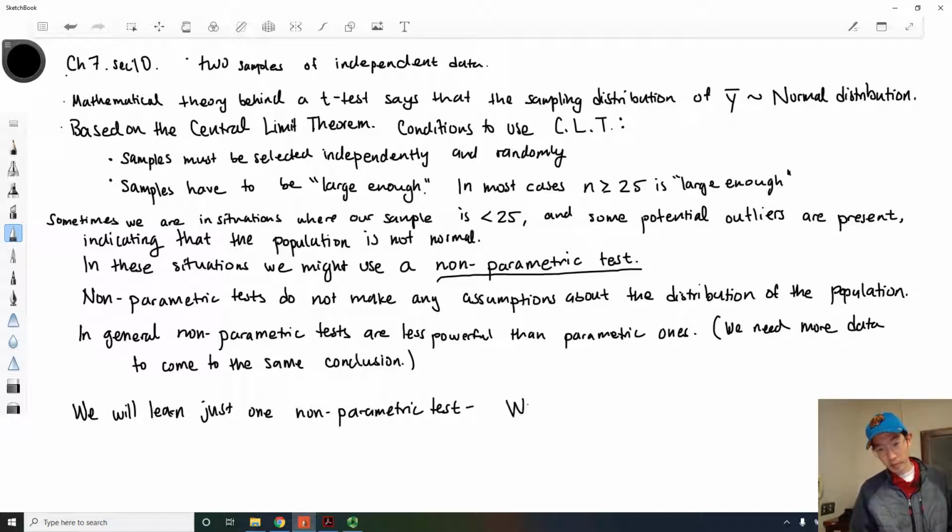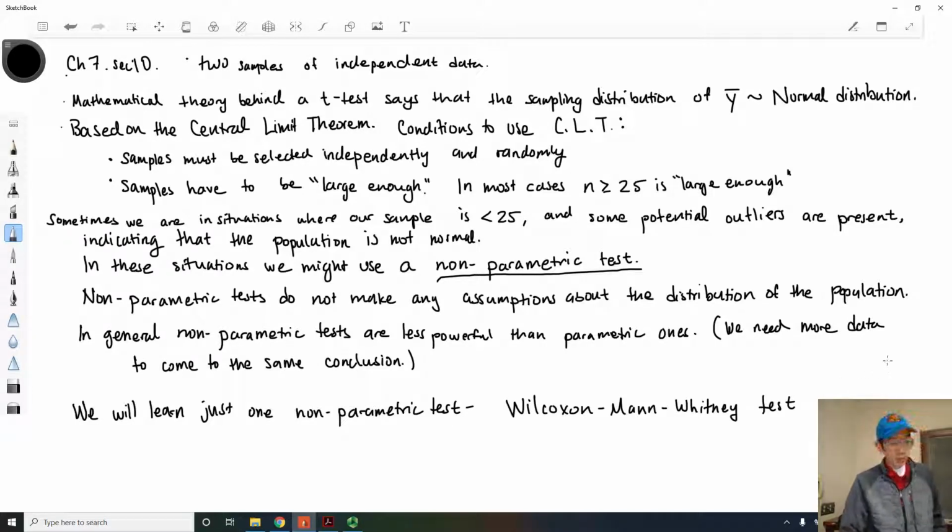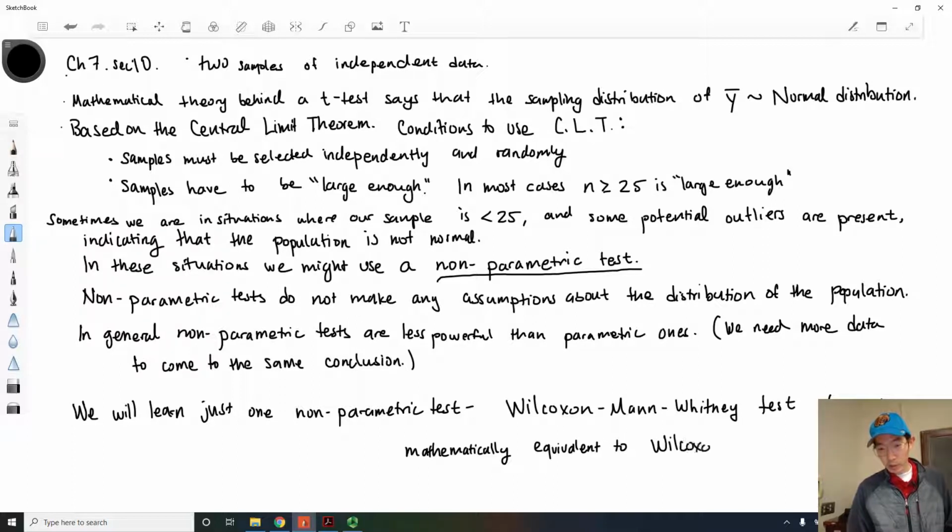This is three people's names, Wilcoxon-Mann-Whitney, or the WMW test, which is mathematically equivalent to the Wilcoxon rank sum test.